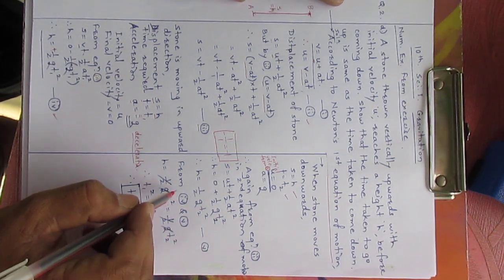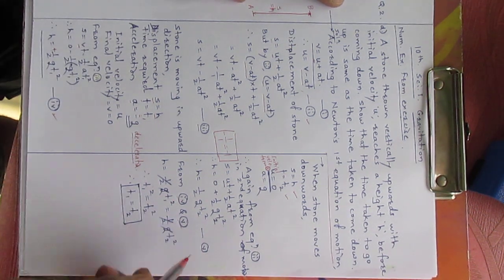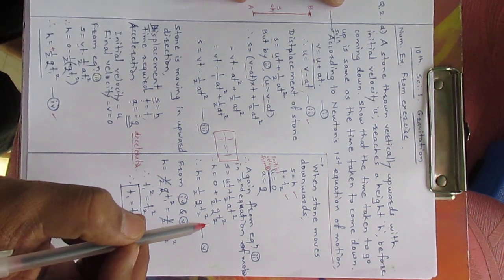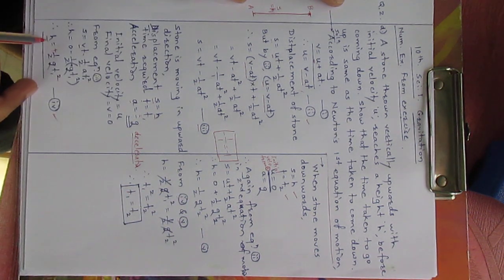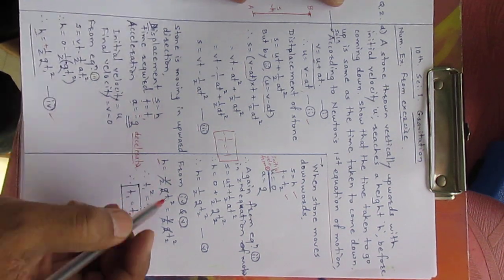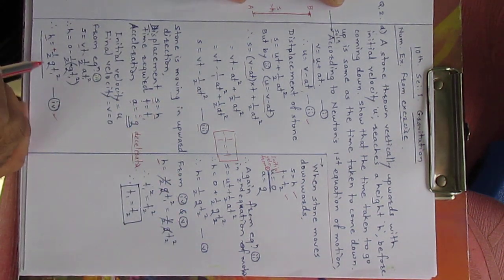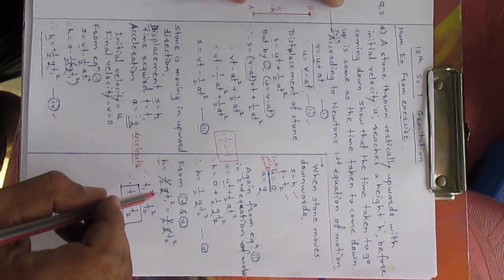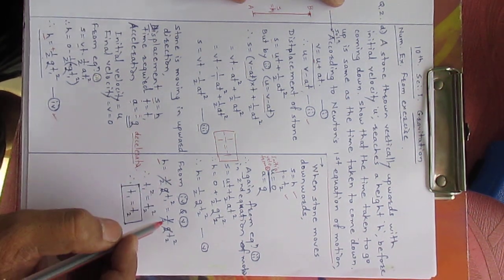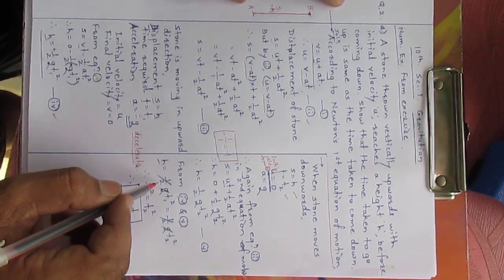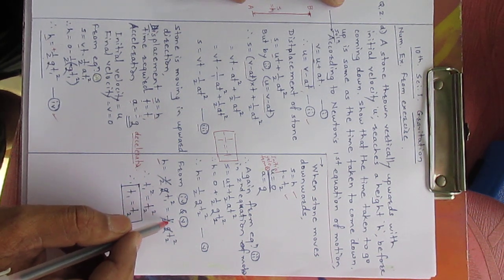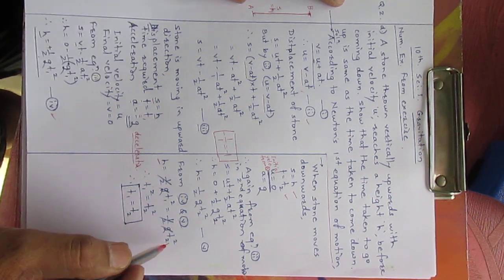That means from equation number 4 and 5 we will get that on both equations the left hand side is the same, that is h, and the right hand side is given here. We are putting these values in equation form. That means h is equal to 1 half g t1 square is equal to 1 half g t2 square.